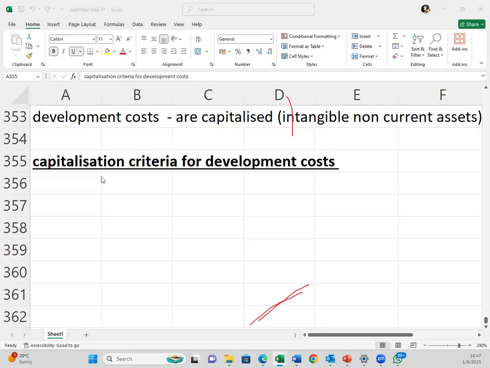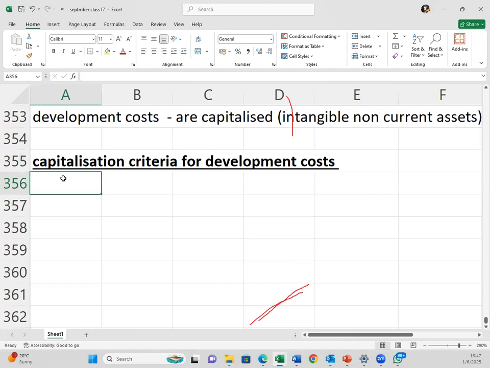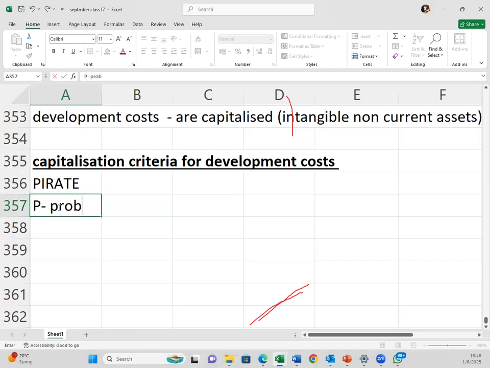We can use PIRATE to memorize the criteria. So P: for us to capitalize the development cost, there must be probable economic benefits that will flow to the entity.